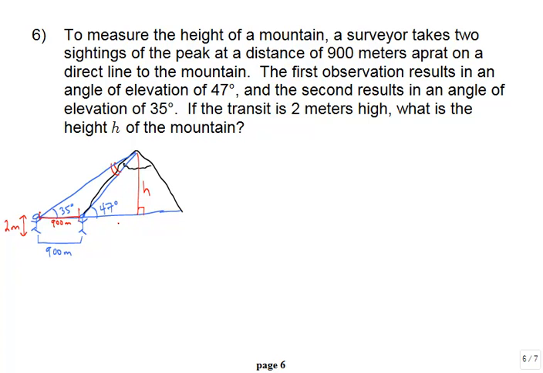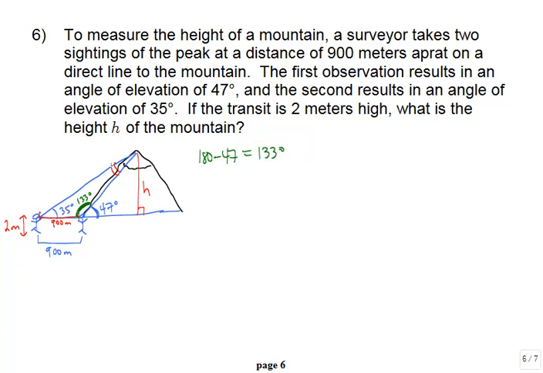Well, not immediately or directly, but you do want to notice that this angle right here is the supplement of this 47-degree angle right here because they form a straight line. So this little angle right here in green has to be 180 minus 47, which is 133 degrees. That forces this obtuse angle to be 133.